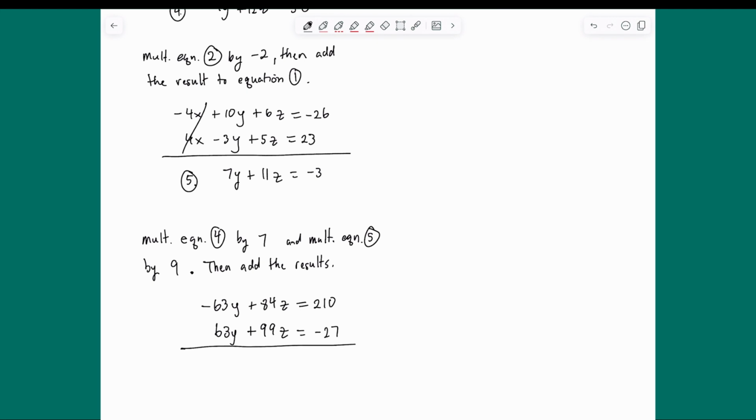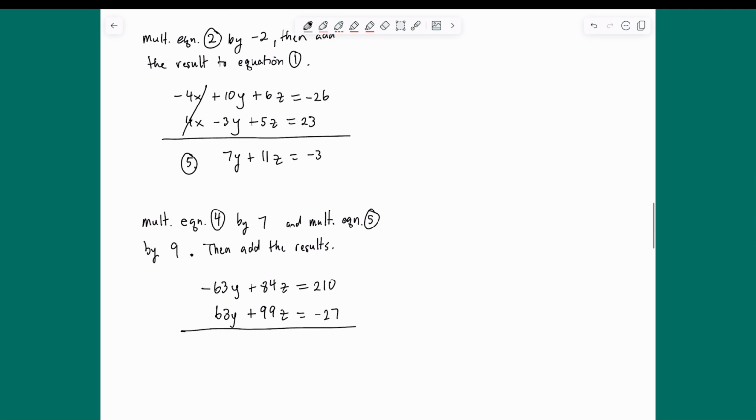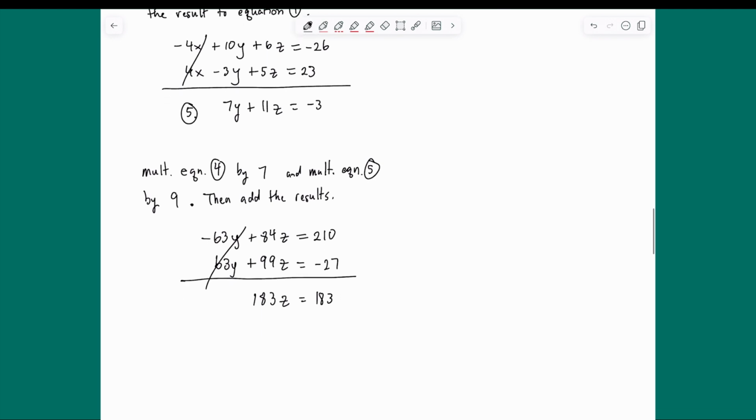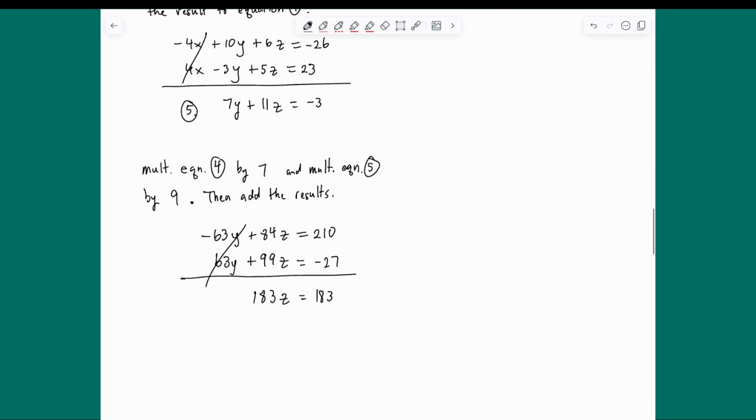Okay, those are the results of doing that. Now we're going to add those two equations, so negative 63y and 63y cancel, and we're going to get 183z equal to 183. Since 210 minus 27 is 183. Now dividing both sides by 183 gives us z equal to 1.